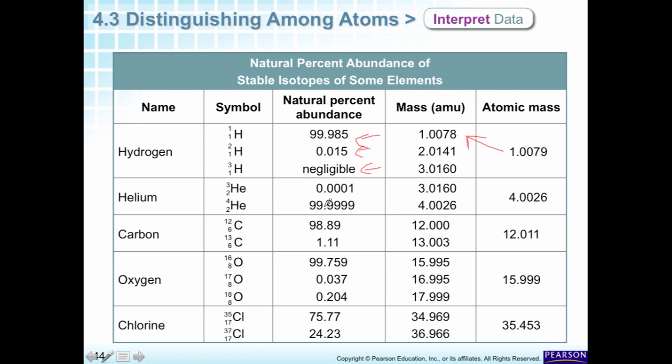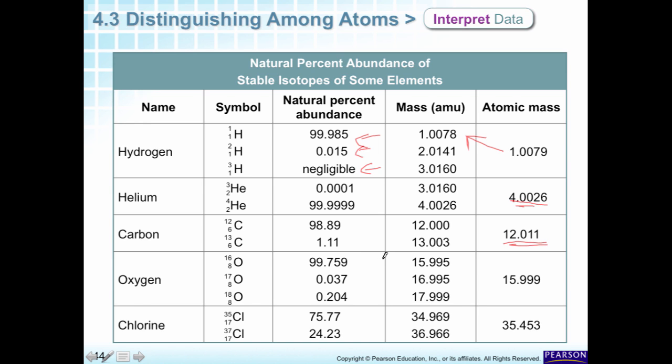Helium is mostly helium-4, and there's a very, very trace amount of helium-3. So if you look at the atomic mass, it's going to be closer to the 4 because there's more of it. Carbon is mostly carbon-12 with about 1% carbon-13. So again, the atomic mass of carbon is very close to carbon-12.